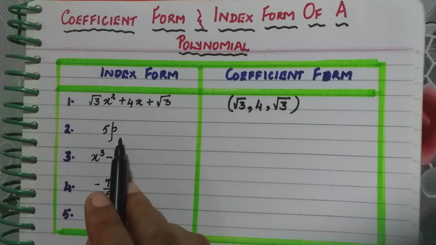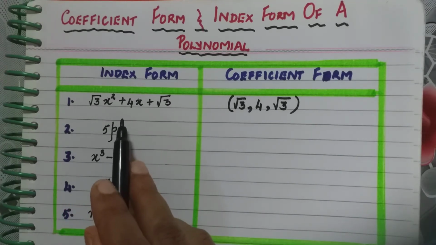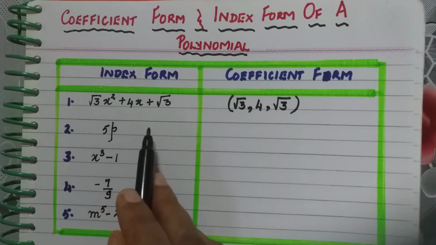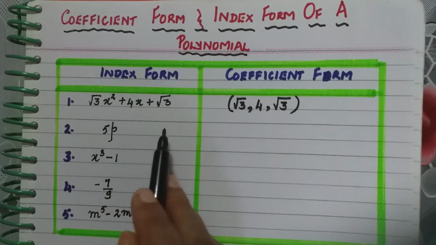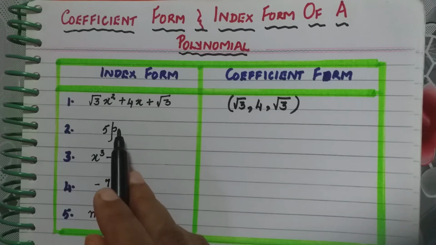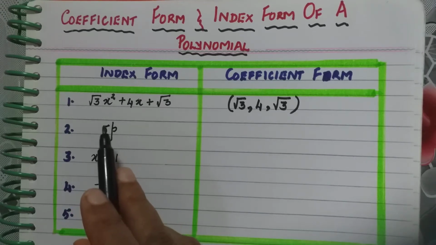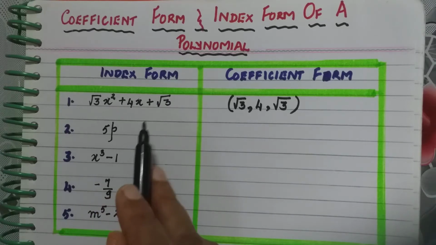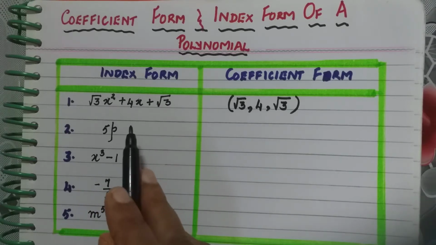Now I have here 5p. 5p, what is the power actually? It is 1. That means for x raised to 0, no number is represented. So the coefficient for the variable raised to 1 is 5, but raised to 0 is 0.